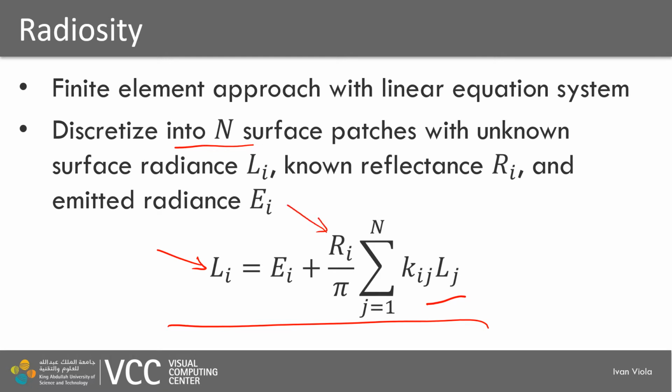Here we have again the diffuse reflectance of our particular material, which corresponds to a certain triangle or surface patch, and here we have the term for the emitted radiance from this surface patch. The Kij are just the constants associated with the integral version of this formula. So this is how we conceptually can solve radiosity as an approach for calculating the indirect illumination.